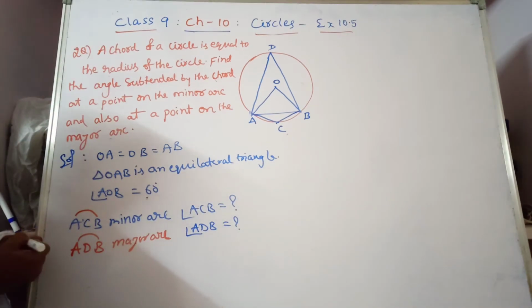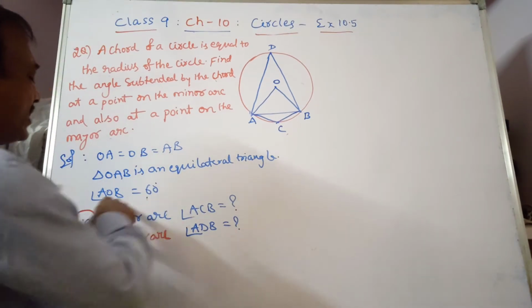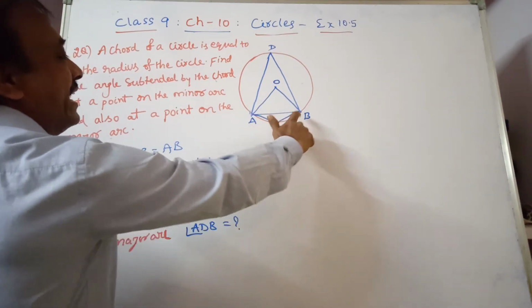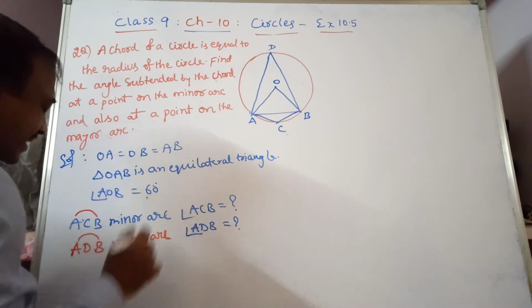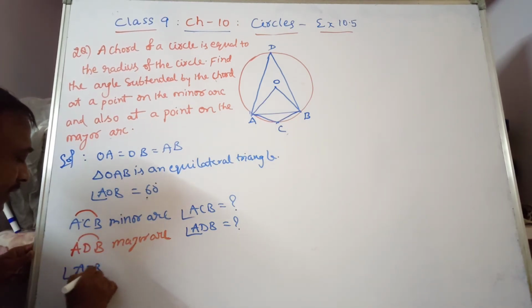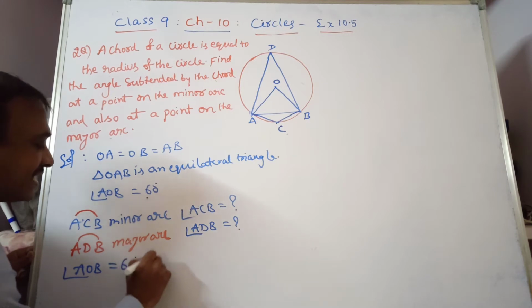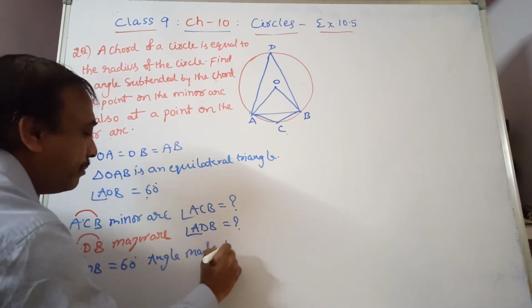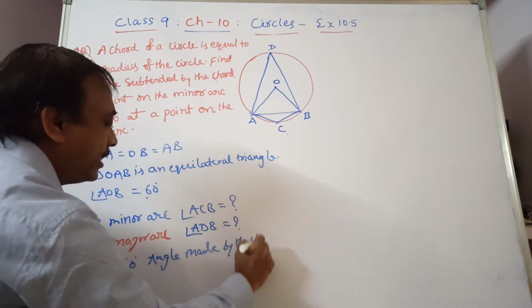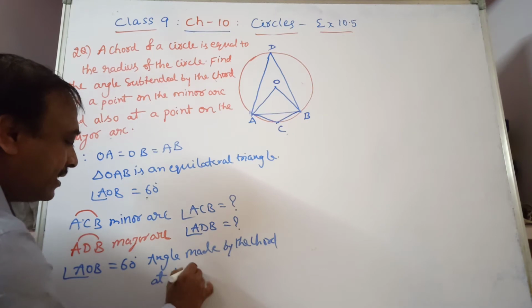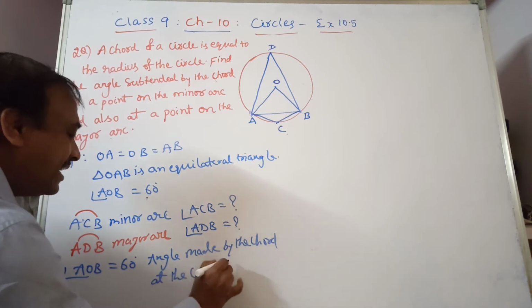These two we have to find out. Now AOB is nothing but the angle made by the arc ACB at the center. So AOB is equal to 60 degrees, the angle made by the arc or chord at the center.